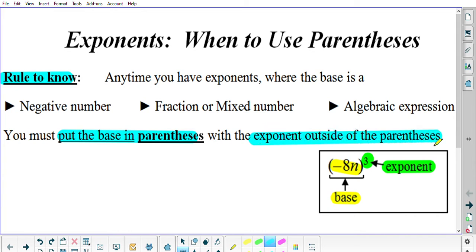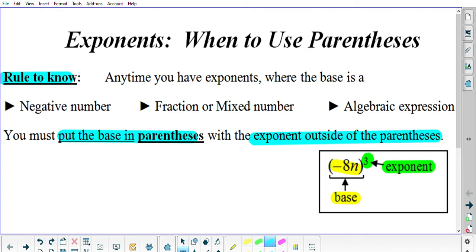Now, you might be like, well, why does that matter? Because if you don't have the parentheses around the base, then it won't be what you want to take to the power.